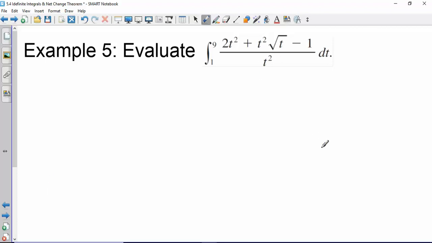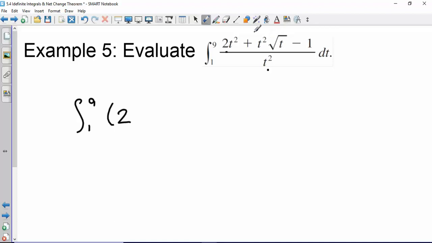Antiderivative as the quotient? No. So what do we have to do first? Simplify everything. Okay, 2t squared over 2t squared is just 2. T squared, square root of t. What is that?